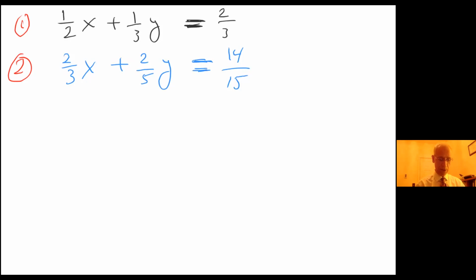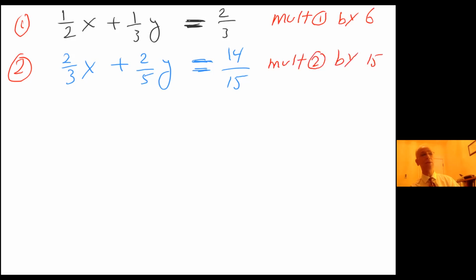So to eliminate these fractions, I'm going to multiply the top equation by 6. Why 6? Because 6 is my least common denominator. I'm going to multiply the second equation by 15. Why 15? Because 15 is the least common denominator for 3, 5, and 15.